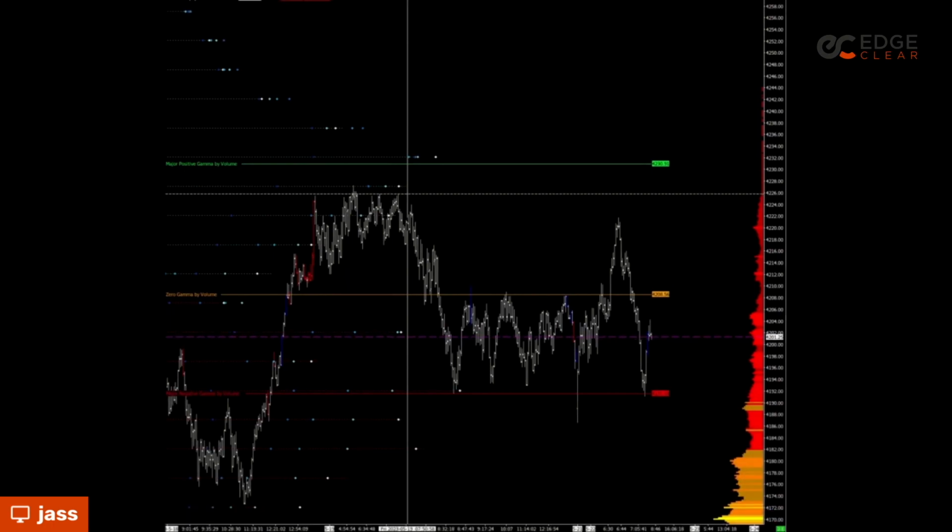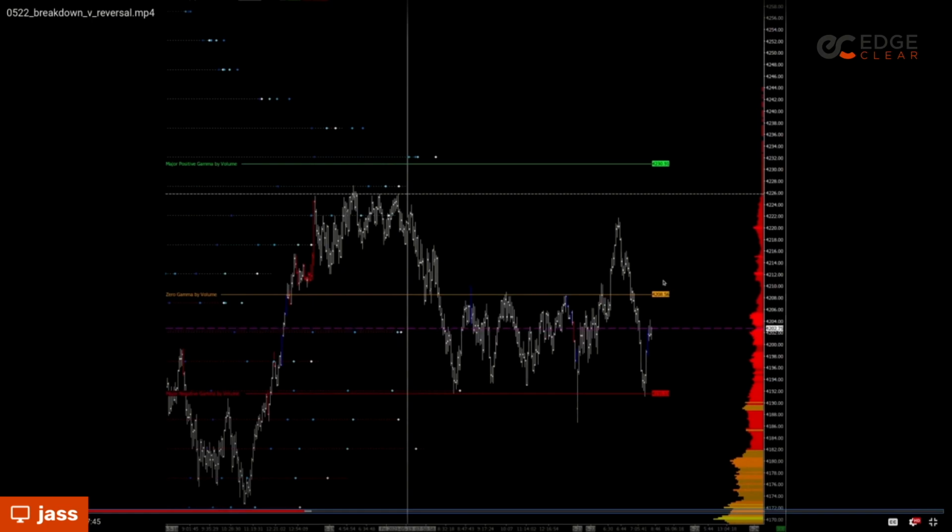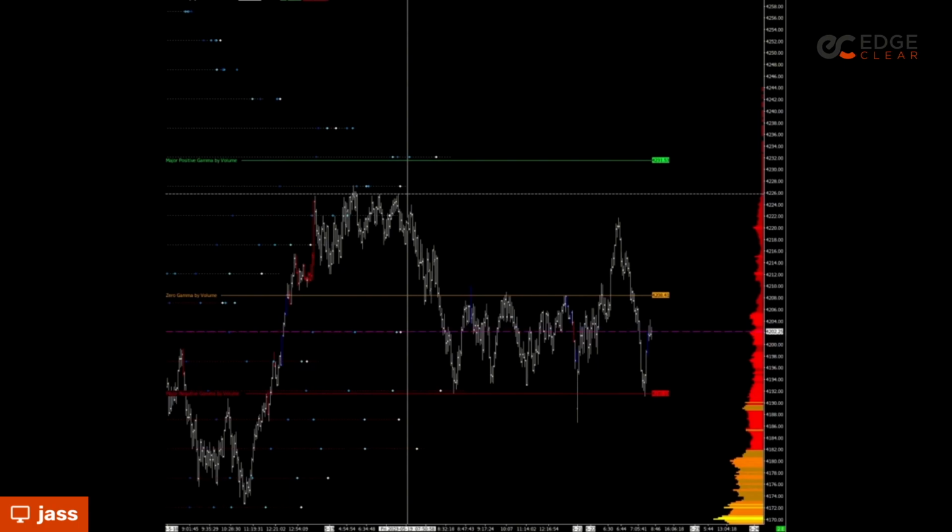Yeah, on those days where we're kind of just ranging around, zero gamma will usually float around the daily VPOC, and then there's this defined line in the sand above and below. Personally, I'm a big fan of trend days.